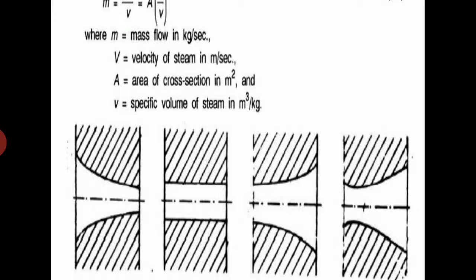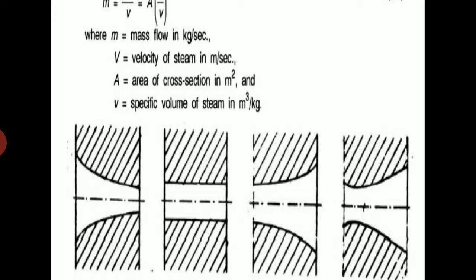Velocity first increases faster than the specific volume, but after a certain critical point, which I'll try to explain, specific volume increases more rapidly than velocity. Hence the value of capital V by v first increases to a maximum, then decreases.